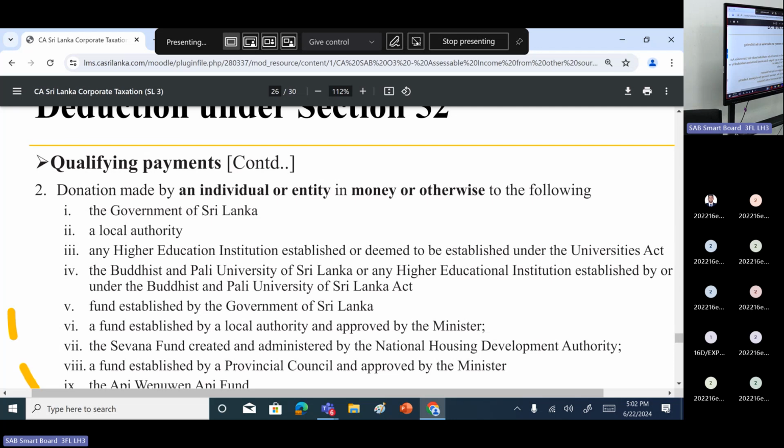It says the Government of Sri Lanka. If somebody is making any donation to the Government of Sri Lanka, that is treated as a qualifying payment. So a government hospital comes under here. If somebody is making a donation to a government hospital, it is coming under here.